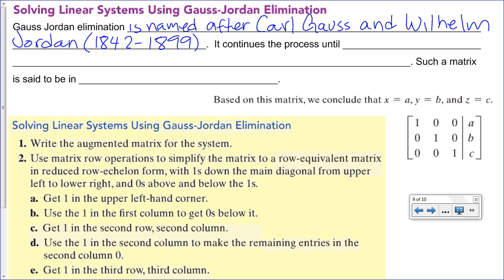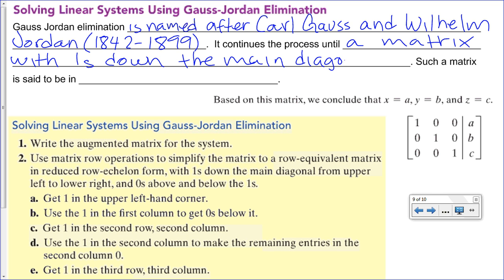And so it continues the process from Gaussian elimination until a matrix with ones down the main diagonal and zeros everywhere else.